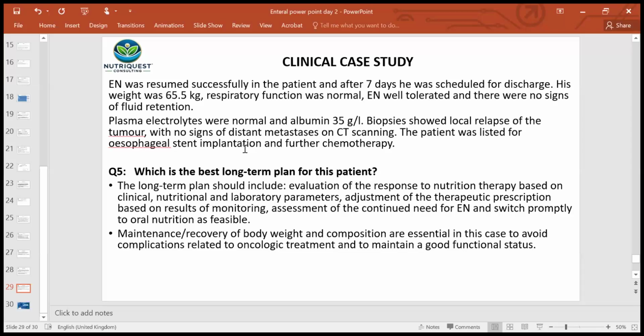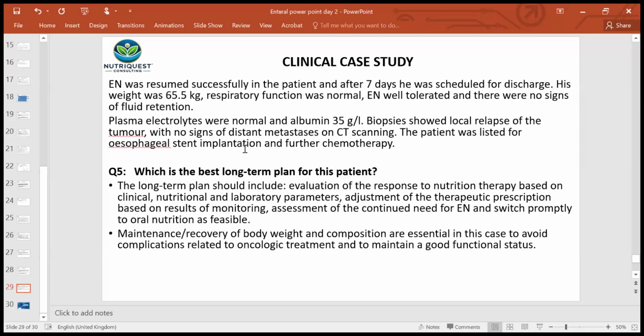Respiratory function was normal. Enteral nutrition was well tolerated, and there were no signs of fluid retention. Plasma electrolytes were normal, albumin 35 grams per liter. Biopsy showed local relapse of tumor with no signs of distant mets on CT scanning. The patient was listed for esophageal stent implantation and further chemotherapy. What is the best long-term plan for this patient?